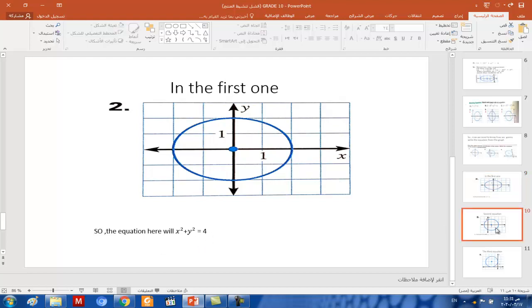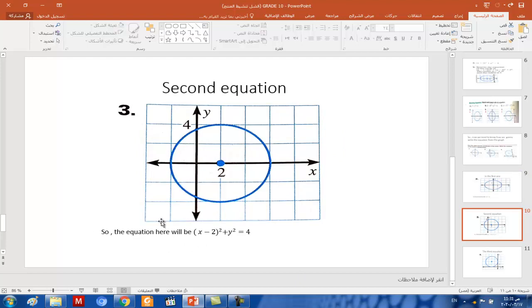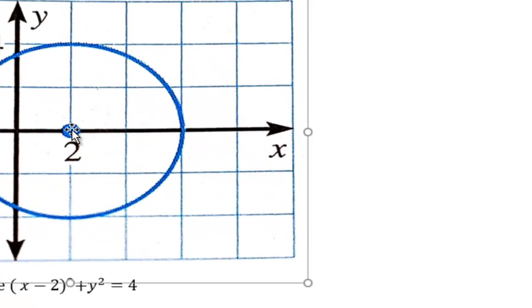The second one, we said it already, the center is 2 and 0. So we said (x − h)² + (y − k)², where h is the x coordinate and k is the y coordinate of the center.